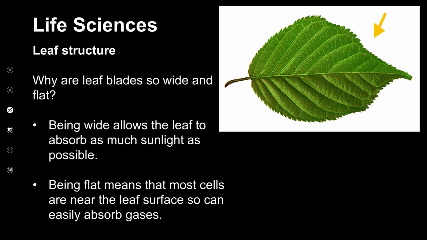So if we look at a leaf, it's got a broad, flat leaf blade. That leaf blade is flat and thin, and the reason is it has a large surface area so that when the sun's rays hit it, the leaf can absorb as much sunlight as possible so it can do as much photosynthesizing as possible.